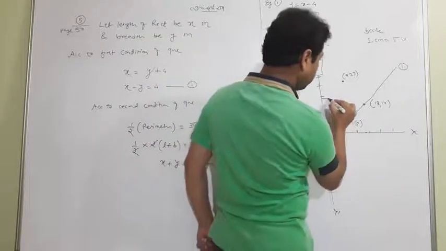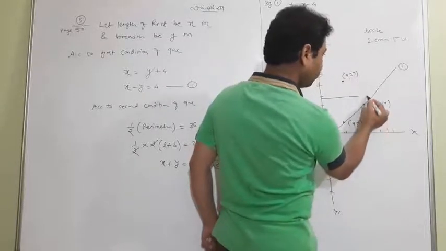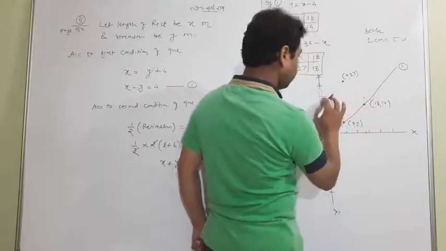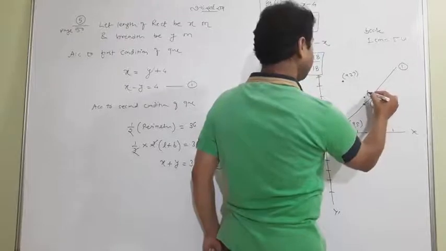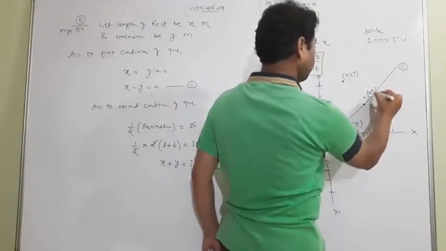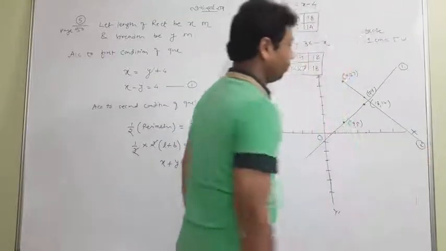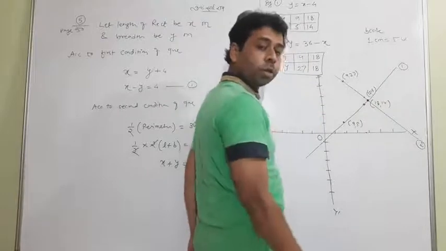So this point may be 18, 18. Now join it. This is line 2. So whatever point we get, this is the answer.